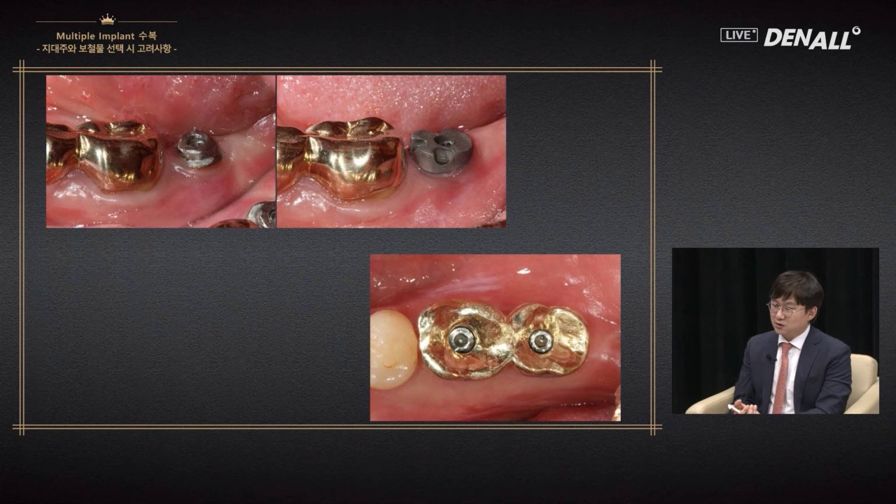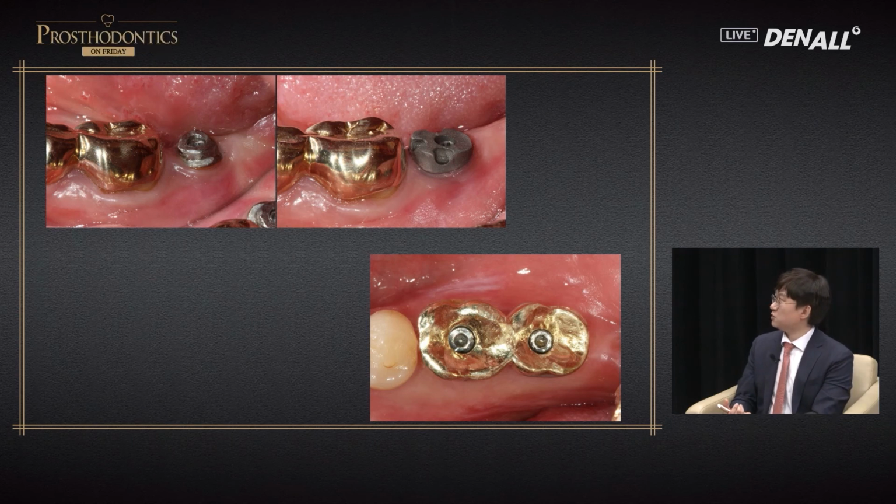Sandblasting is done on the custom abutment with gold crown and metal crown. Actually, gold crown is not easy to do these days, and metal crown has some challenging aspects. I used to use this approach, which is no longer used today.